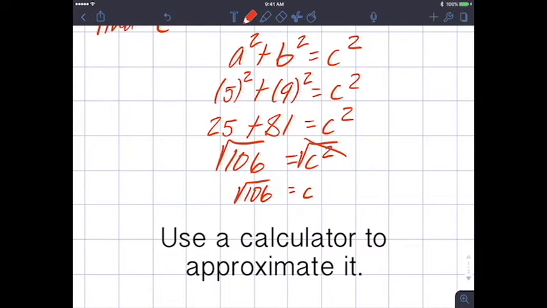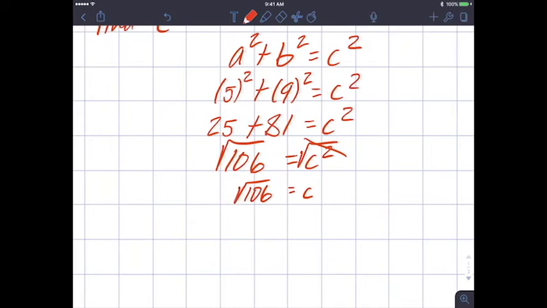So I'm going to check it really quick. So I have that C is approximately, because when you use your calculator, it's an approximation, 10.29, let's just round up. C is approximately 10.3.